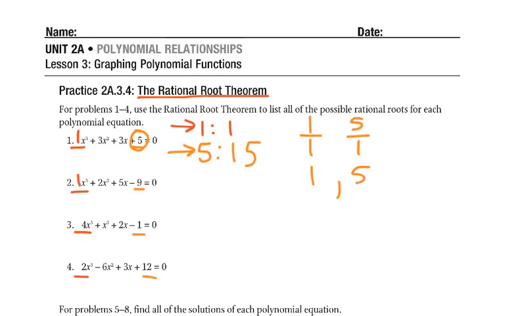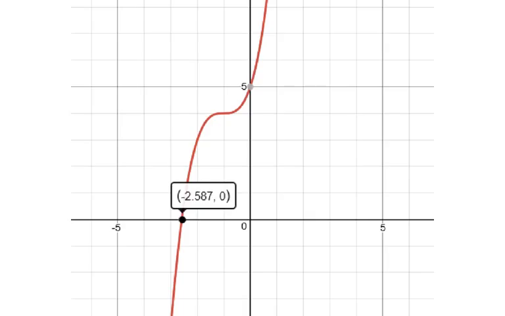So looking at these rational, now we're not talking about the irrational or the imaginary, okay, just the rational roots. Could be 1 and 5, okay. Now, let's hurry and see a graph of this and see what they actually are. Alright, so here it is graphed, and notice we didn't get either one of our answers of 1 or 5, which means we don't have any rational roots in this one.